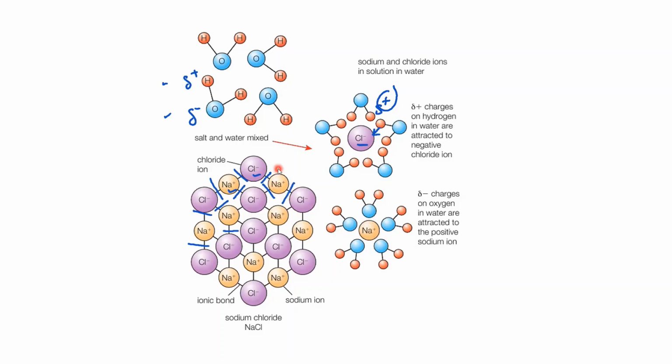That's why I told you that water molecules enter in between the ions, because I have here positive and negative charges. The oxygen is going to attract the sodium towards it because of the opposite charges that they have, while the hydrogens will attract the chloride because it is opposite in its charge.